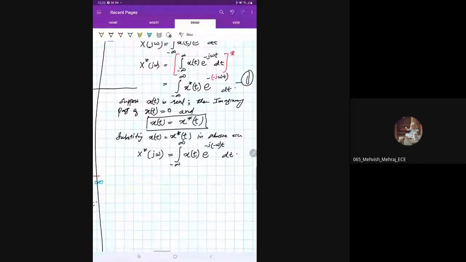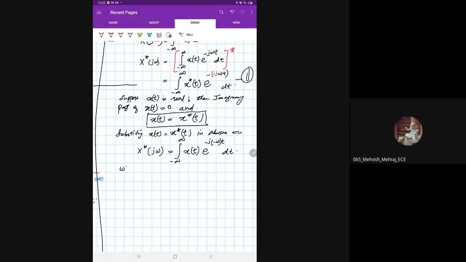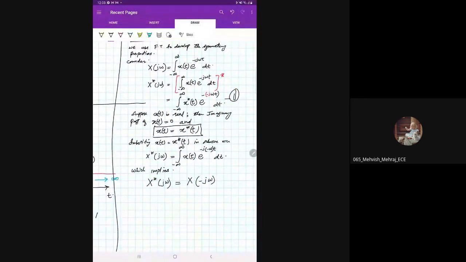Now see, this implies x conjugate of j omega is nothing but it is equal to x of minus j omega. Okay.